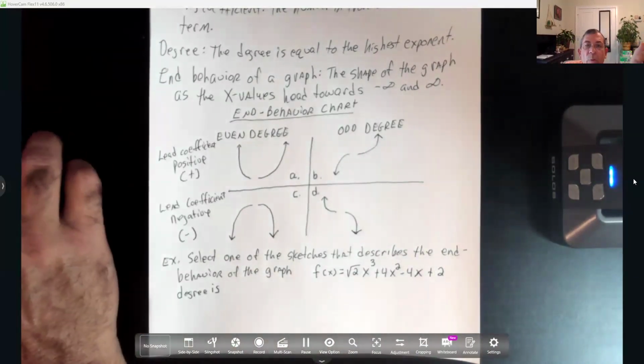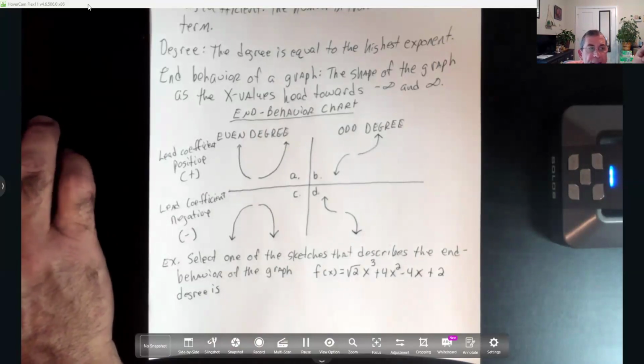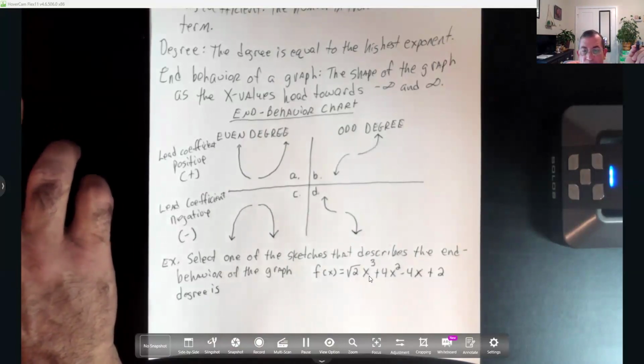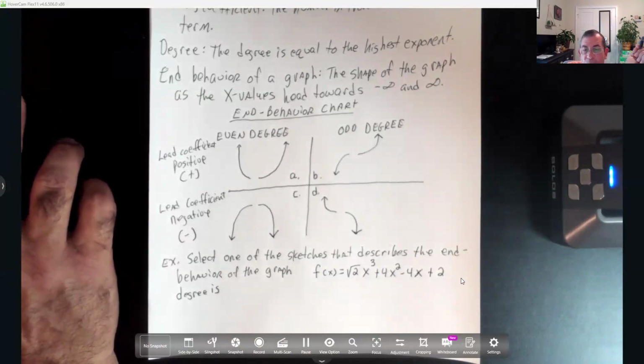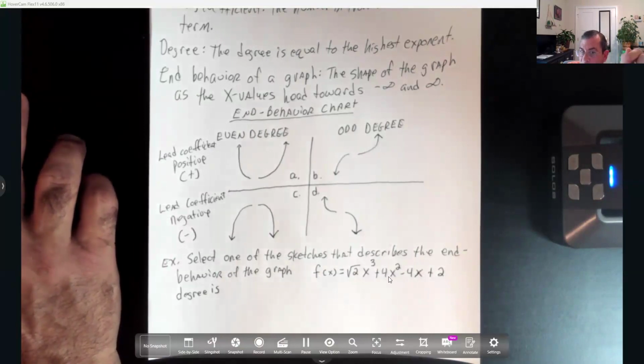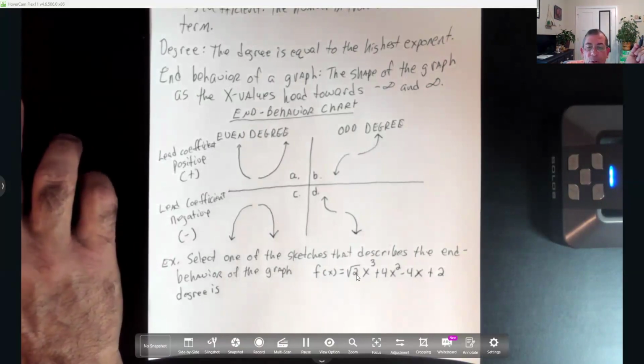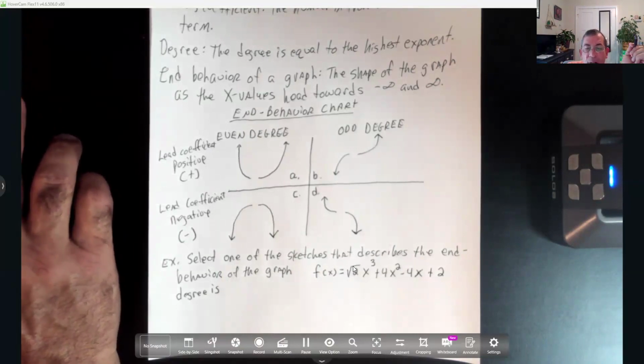Based on what we know about the degree, is the degree of this function even or odd? Remember, the degree is our highest exponent. As we look through here, we have four terms: the square root of 2x to the third term, the 4x squared term, the negative 4x term, and our 2. So the leading term is the square root of 2x to the third.